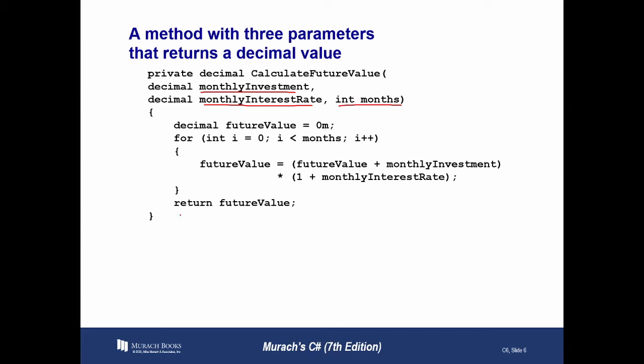You can see that we are specifying decimal as a return data type for a future value. So this function is really meant to return one single value, and all of this calculation, depending on conditions, is just meant to return that one value.